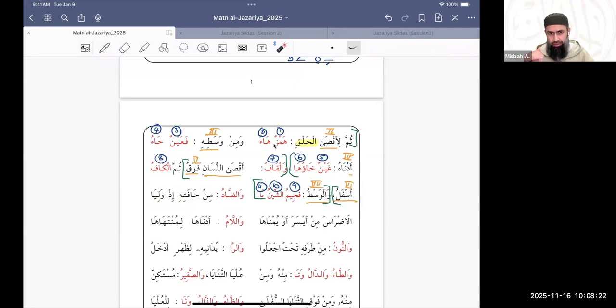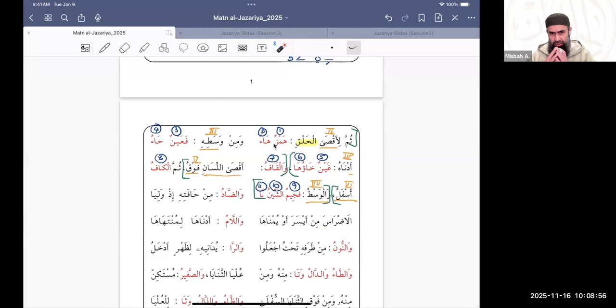The edge is hafa. Then he tells you, and more specifically, إذ ولي الأضراس, when the hafa comes in connection, joined with, together with الأضراس من أيسر or يمناها. الأضراس, these are your molars.